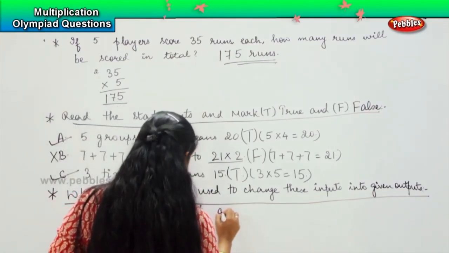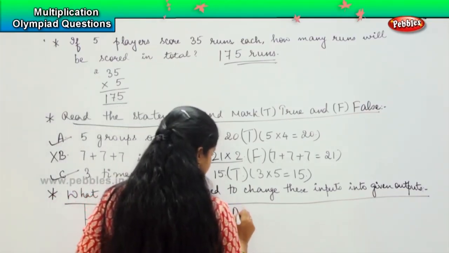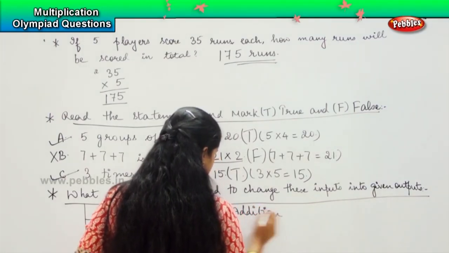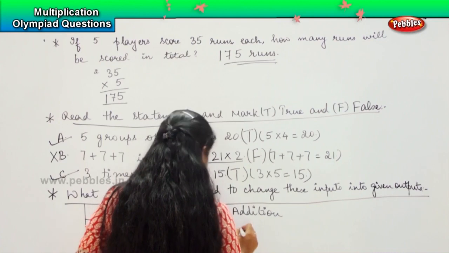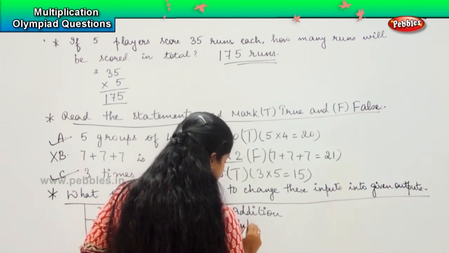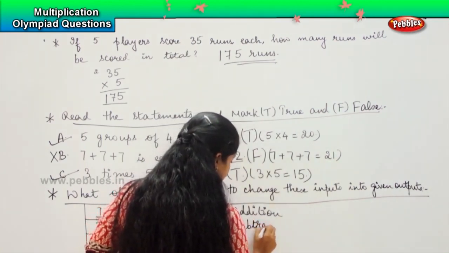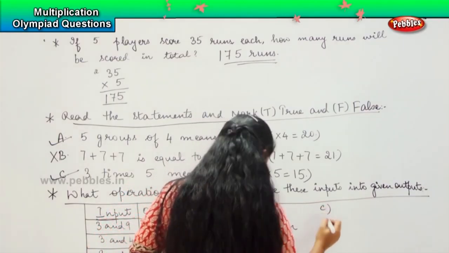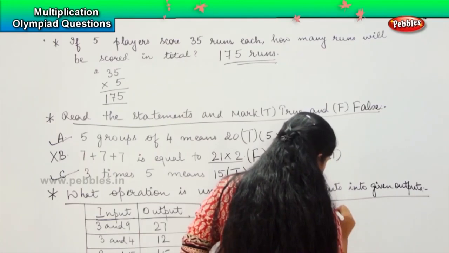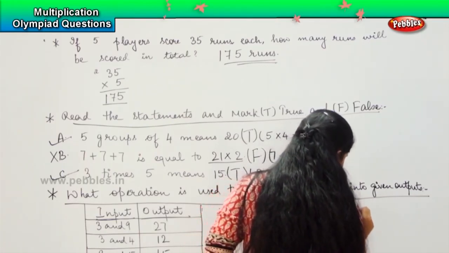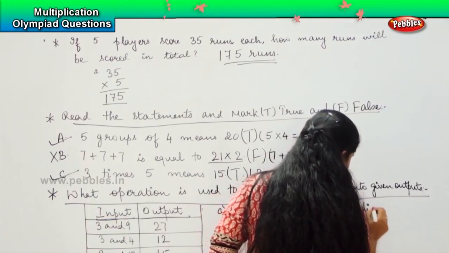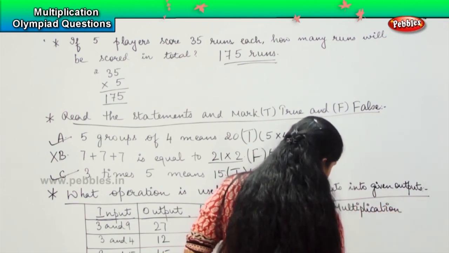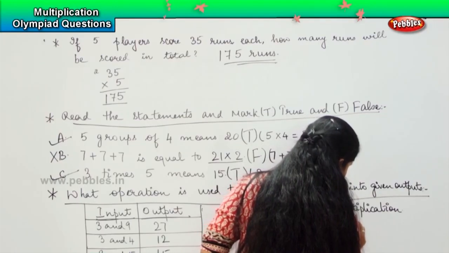My options are A is addition, option B is subtraction, option C is multiplication, and option D is division.